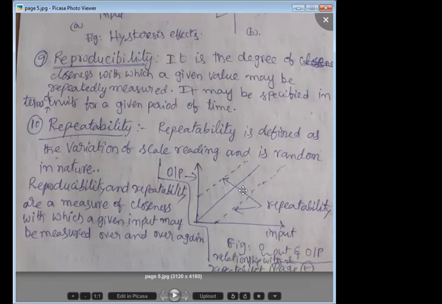For a number of times it repeats, it should produce the same manner of output, then we can say it is having repeatability. So reproducibility and repeatability are the measure of closeness with which a given input may be measured over and over again. If the number of measurements produce the same value, it will be very close to the actual value.